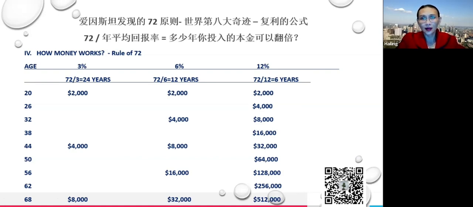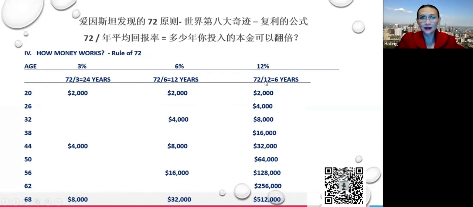So we say Albert Einstein said this is the 8th wonder in the world, the rule of 72. He used a mathematical formula to explain how your money can grow, can double. The formula says 72 divided by the average rate of return per year equals how many years your money can double.